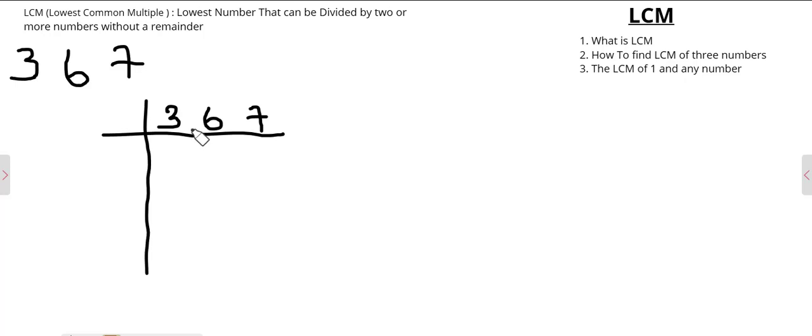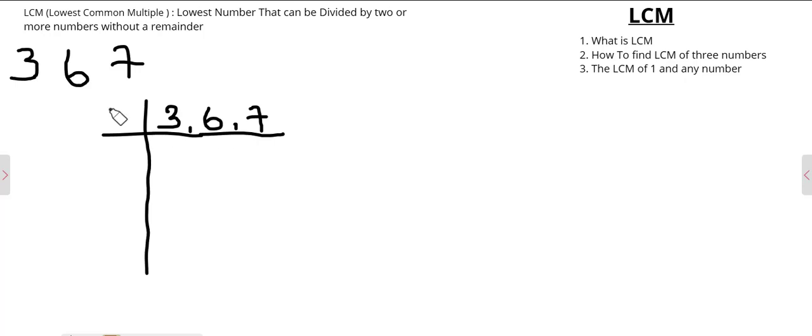What number can divide 3, can divide 6, and can also divide 7 without a remainder? Well, no number. There's a number that can divide 3 and 6 without a remainder, but that number cannot divide 7 without a remainder. So we first have to go gradually, like we did in the LCM of 2 numbers.